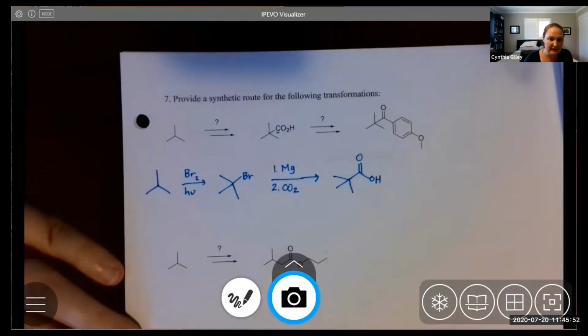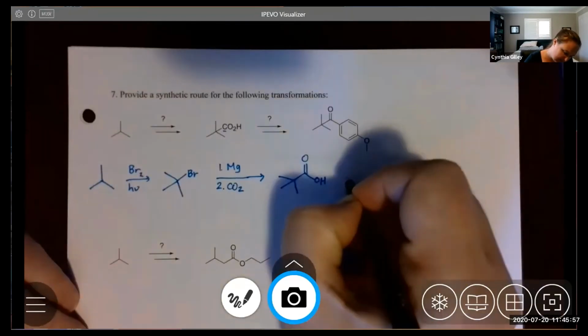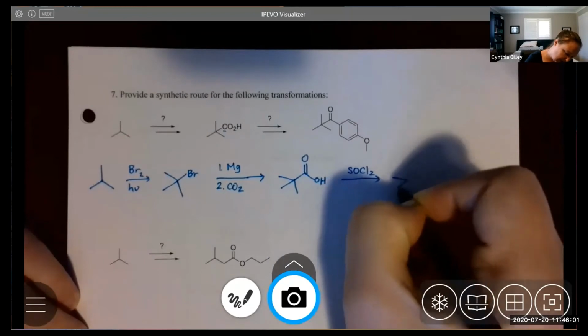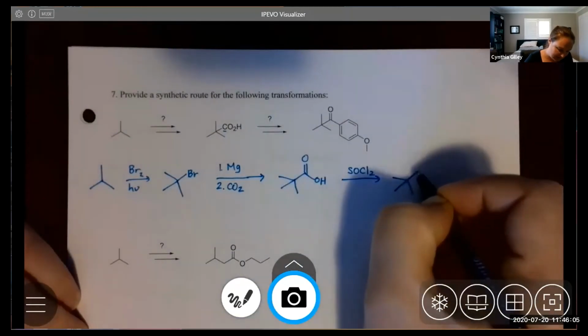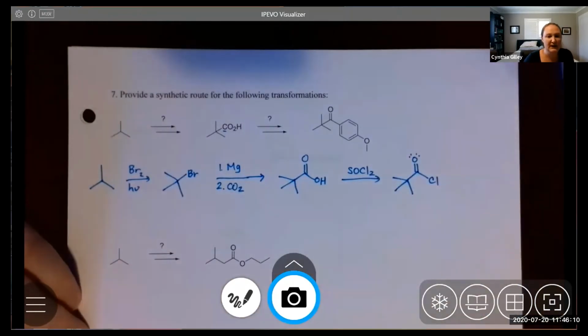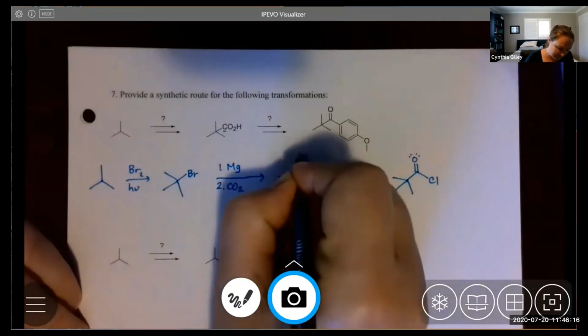And then from here, we could potentially convert this to, so one way that's really common from a carboxylic acid is to make an acid chloride. And the reason for that is carboxylic acids don't have a good leaving group. So they're not as reactive.